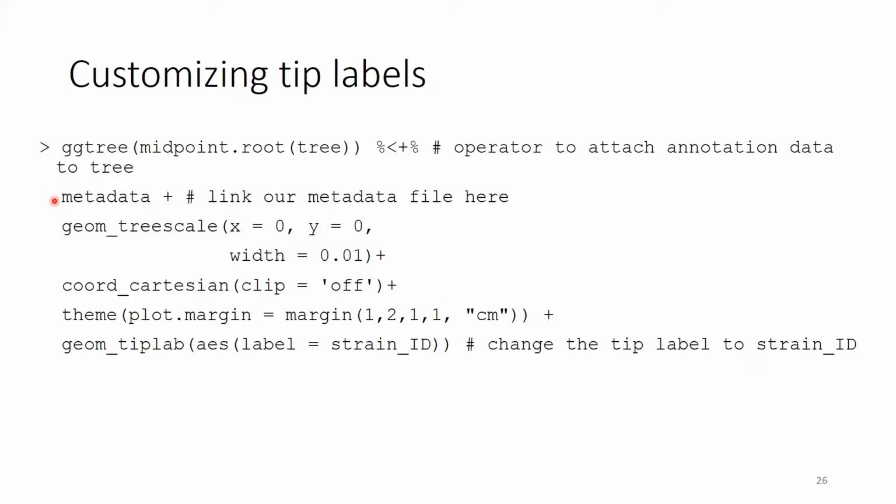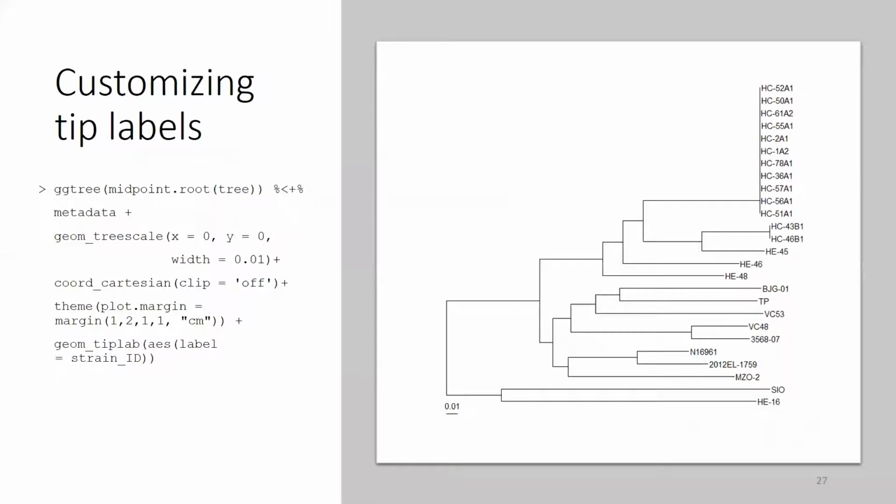So we added it here. And then the tree scale, the coord_cartesian and the theme are the same as before. And then we added the geom_tiplab as well, but this time we specified the label as strain ID. And so what happens is that now we have the strain IDs appearing instead of the SRA numbers.